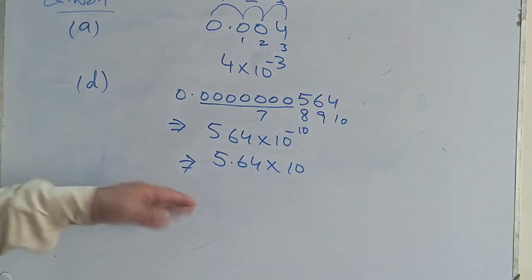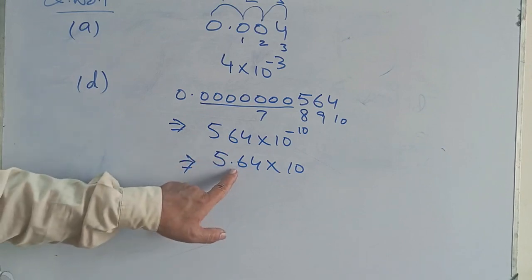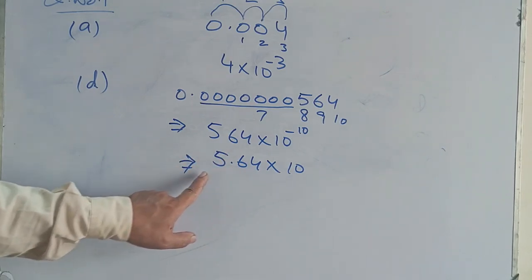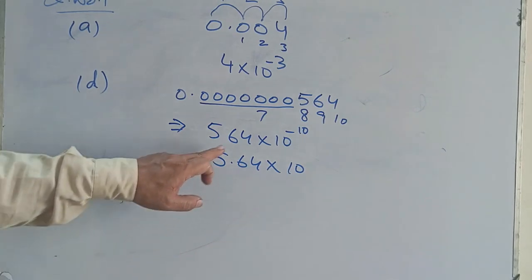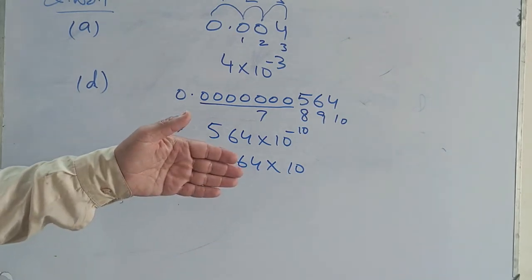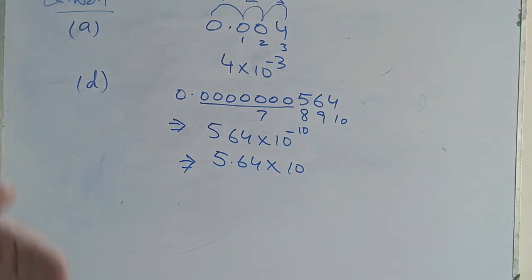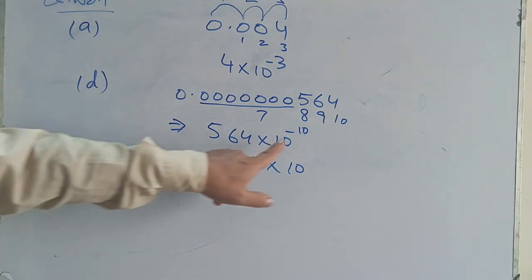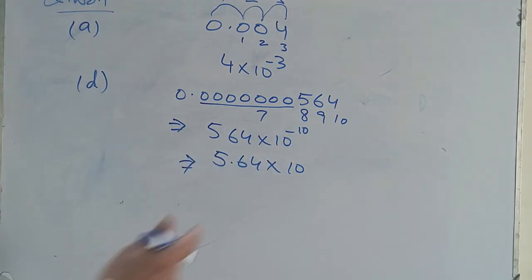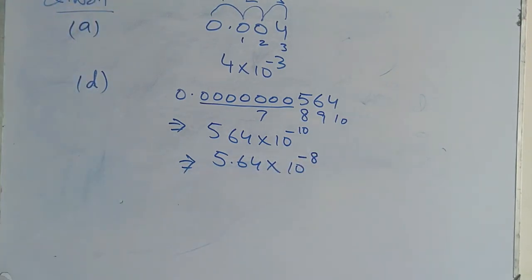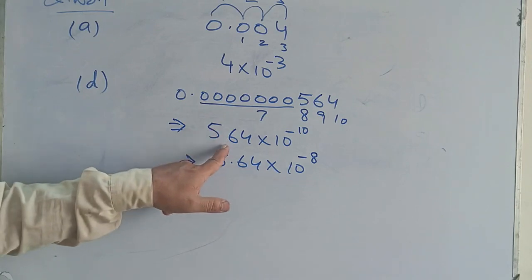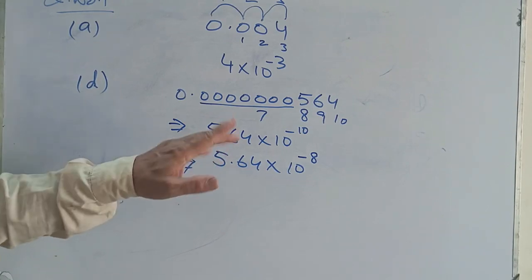By placing the point after the first digit, you have to withdraw two zeros, and it will become minus 8, because you have placed the point over here.